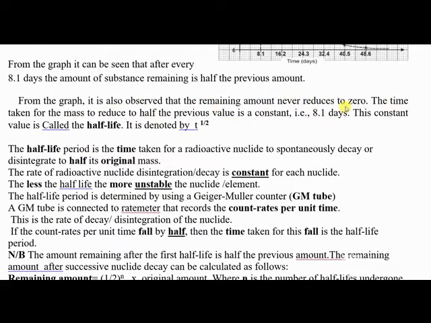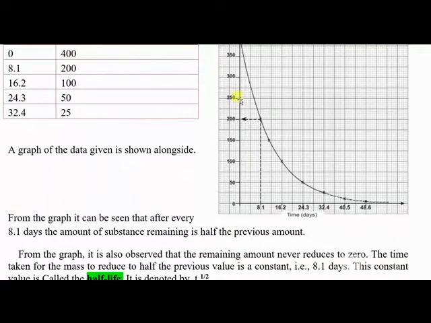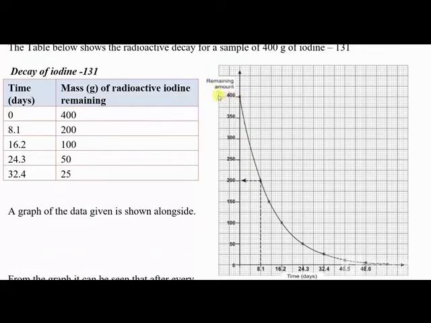Very correct, very important. This constant value is called a half-life. So the reason why I want to do this is to know a half-life. What is a half-life? The time taken for this mass to decay from 400 to 200 is what is called a half-life.